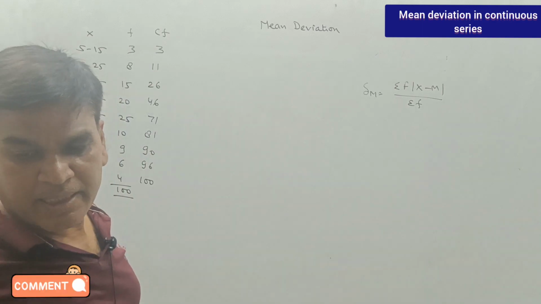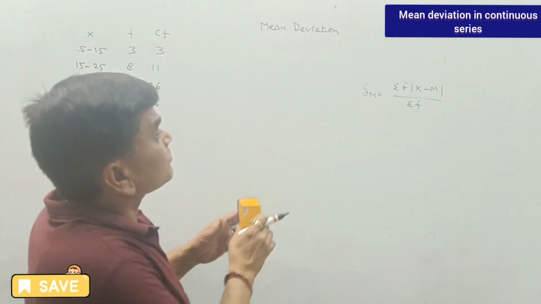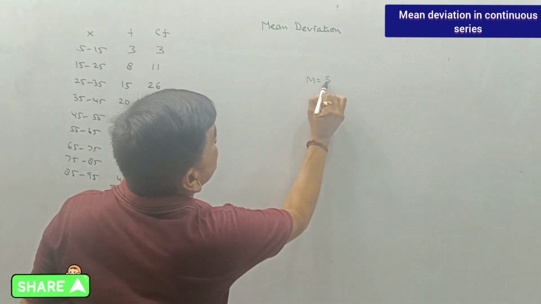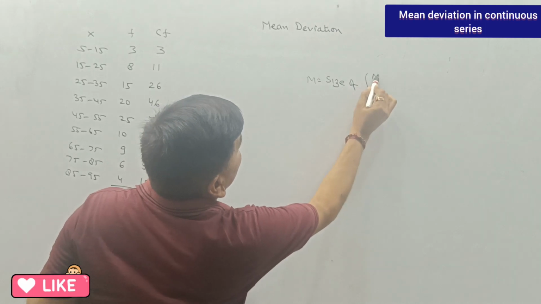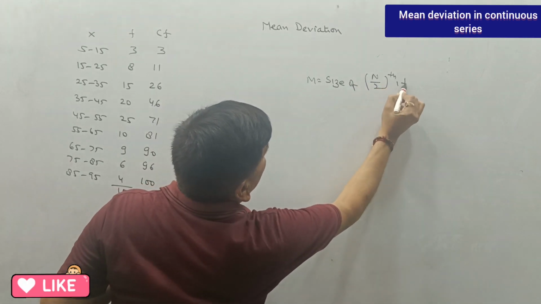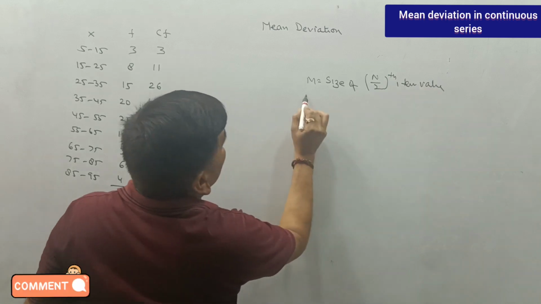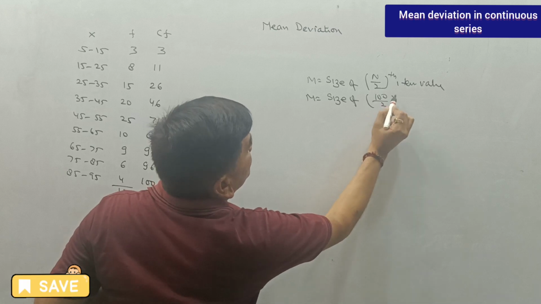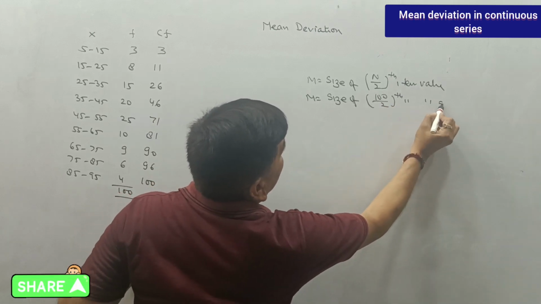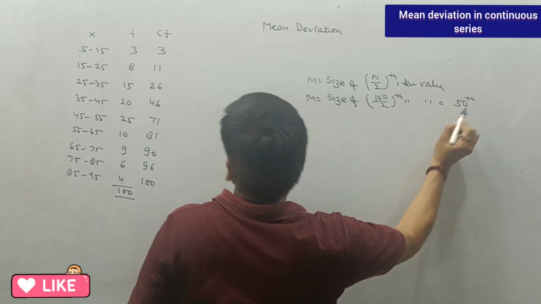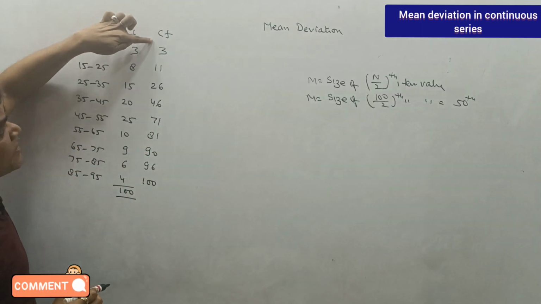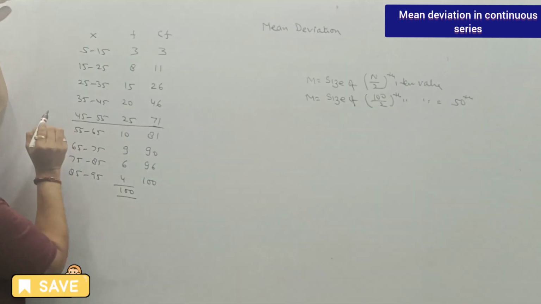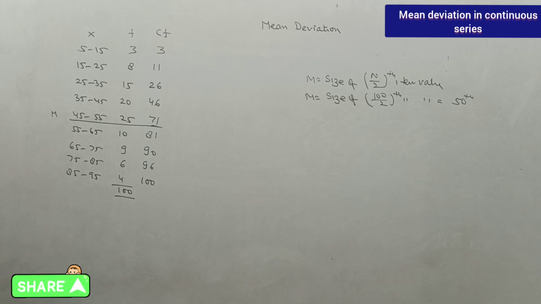For the median, M equals the size of the n by 2 th item, so M is the size of 100 divided by 2, that is the 50th item. We look in the cumulative frequency where 50 is included, and that is the median group. Our median lies in 45 to 55.